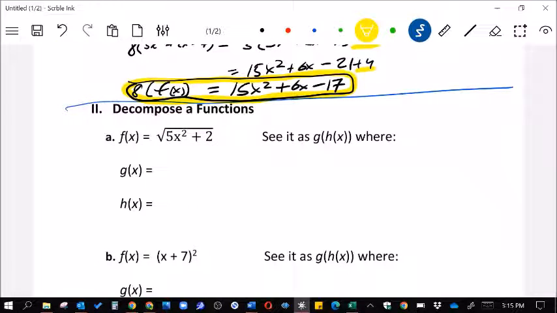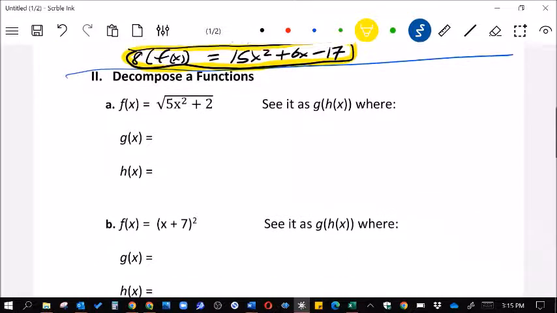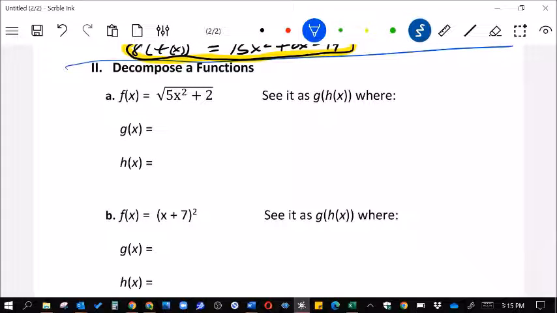Now, here, this is decomposing a function. When we decompose a function, what we do is we take it apart. So think of, for an absolute value, the basic absolute value is absolute value of x. Okay, so what's happening here is like two parts to it. There's a basic part. So if f of x is this, the basic square root of x would be the first thing.